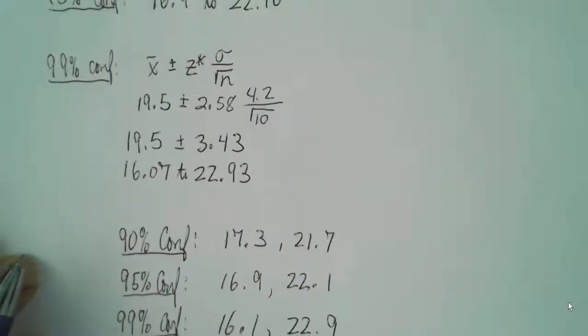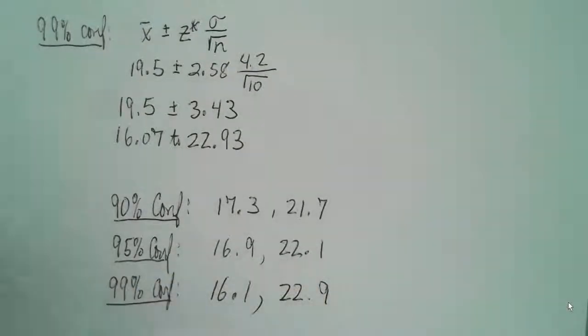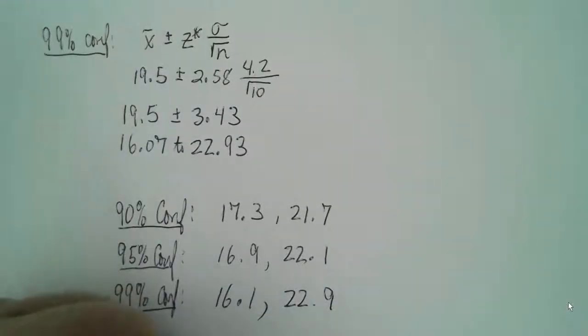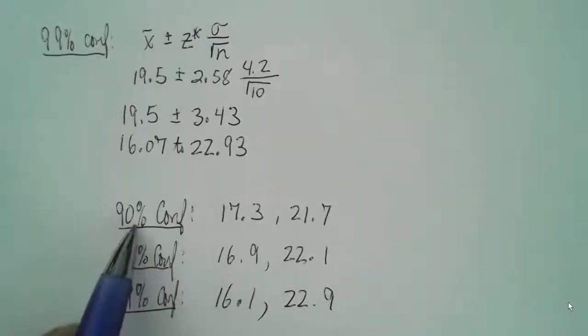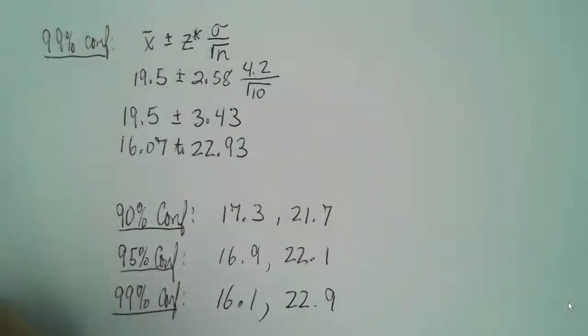Now let's just take a look at what's happening on a number line. In all of these cases, these are all 19.5 plus or minus something. So 19.5 is in the middle. That's our point estimate. At 90% confidence, we come out here a ways to 21.7 and back a ways, same distance actually, to 17.3.